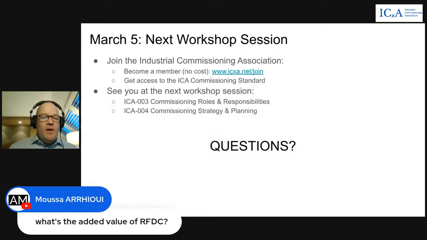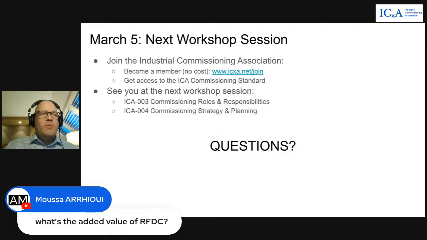What's the added value of RFDC, ready for dynamic commissioning? This is maybe one of the lesser important milestones. I can see that the more critical one is commissioning, construction complete.